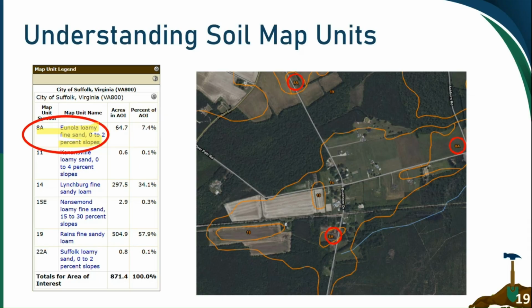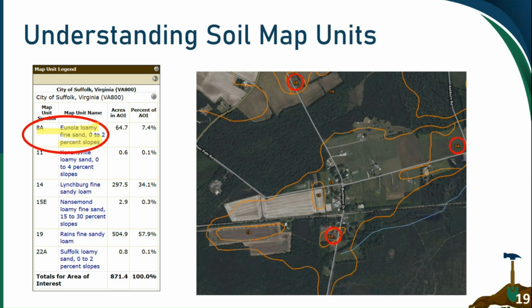So that means that most of the time when you see Eunola in Suffolk, in this map unit 8A, it's going to have a surface texture of loamy fine sand. Not always, but that's the dominant. 0 to 2% slopes. Not always, but that's the dominant slopes. So every time 8A appears in this survey, it tells the same basic story about expected soil behavior.